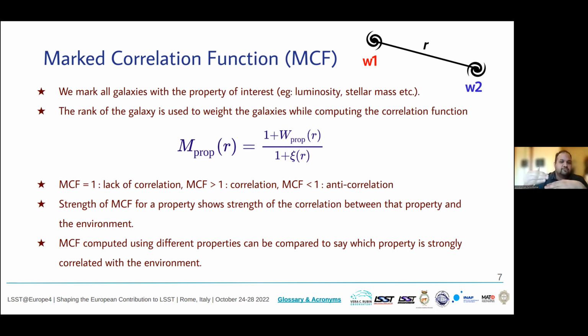And the strength of this marked correlation function can imply how strongly that property depends on the environment. And also we can compare different marked correlation functions from different properties to say which property is strongly correlated with the environment.